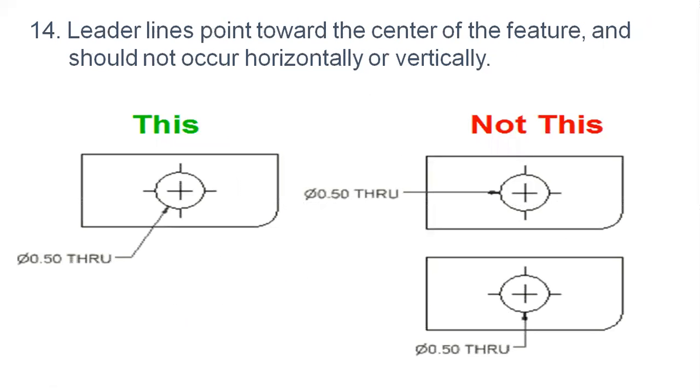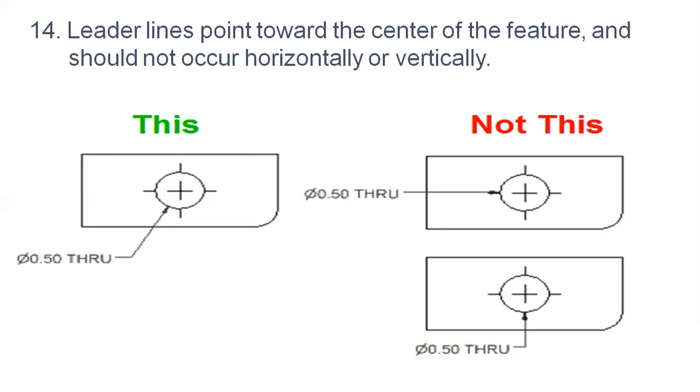The 14th rule is the leader line. You know the leader line. Leader lines are always shown as an inclined line at a 30 to 45 degree standard angle with respect to the baseline, with an arrowhead. The leader lines point towards the center of the feature and should not run horizontally or vertically.